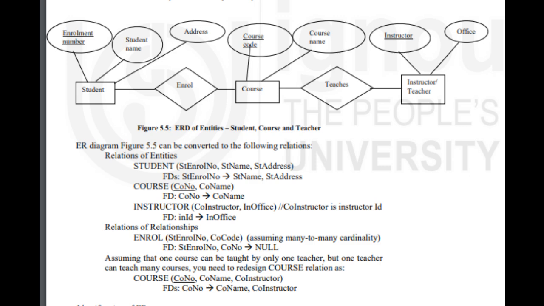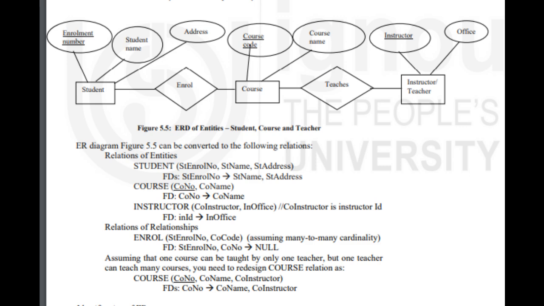For example, the functional dependencies of Figure 5.4 are sent enroll no → sent name, sent address; co-no → co-name, co-instructor; co-instructor → in-office. These functional dependencies imply that there can be only one student name for each sent enroll no, only one address for each student and only one course name for each co-no.